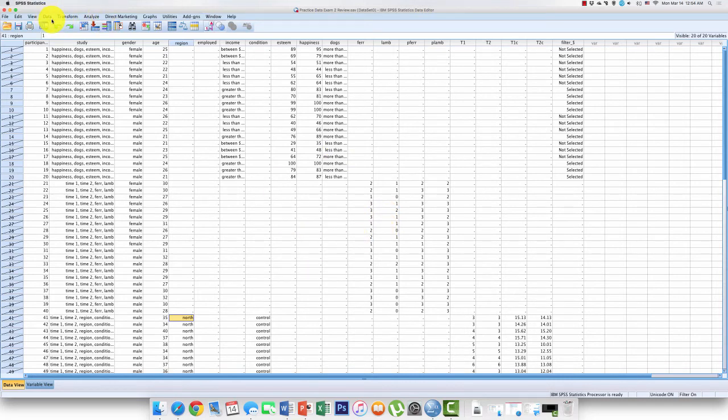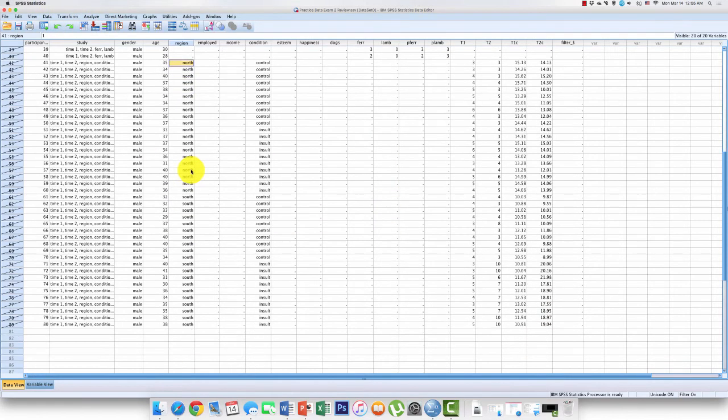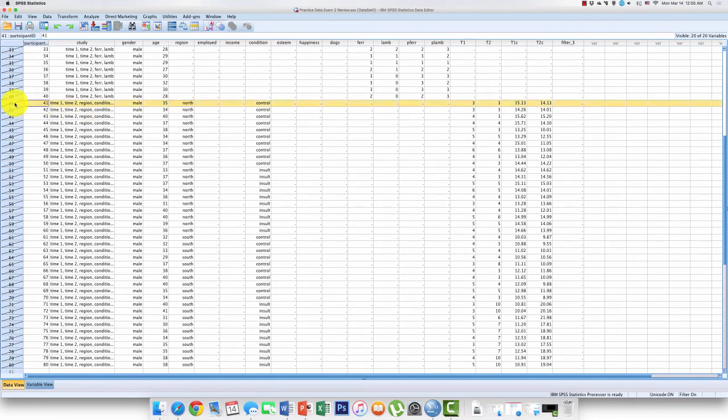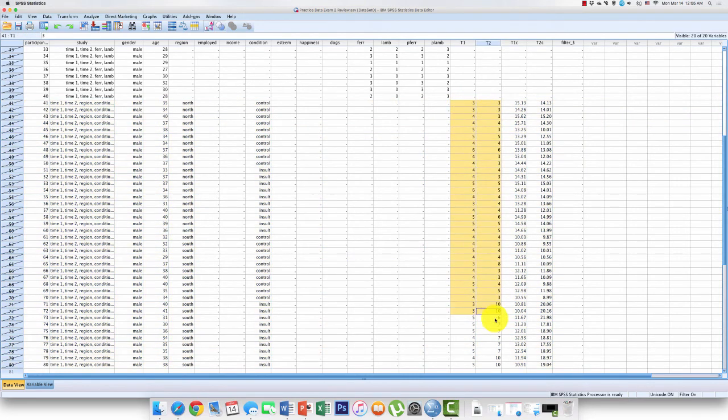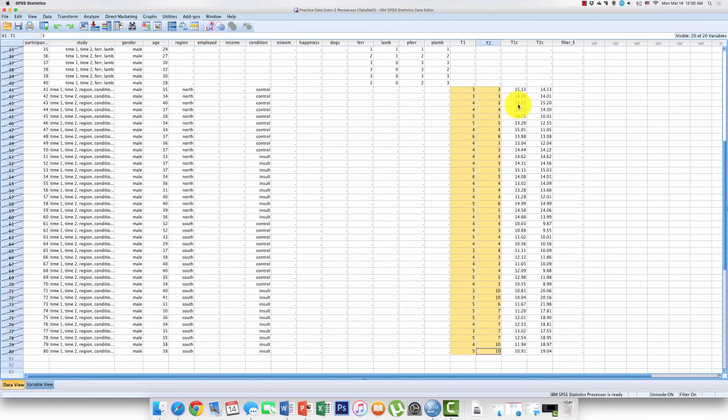So to show you guys how to do that, this is my data that's kind of similar to the experiment. I'm not going to include time 1 and time 2 handshake firmness. I'm going to just focus on time 1, time 2 cortisol levels. So we have our region, north and south, and then we have our condition, control and insult.